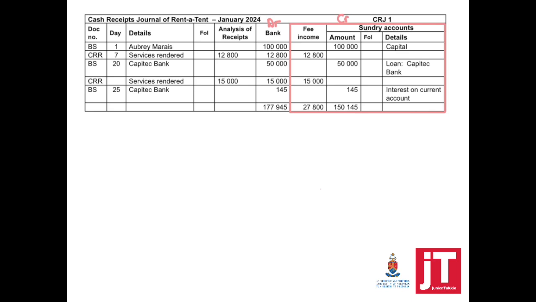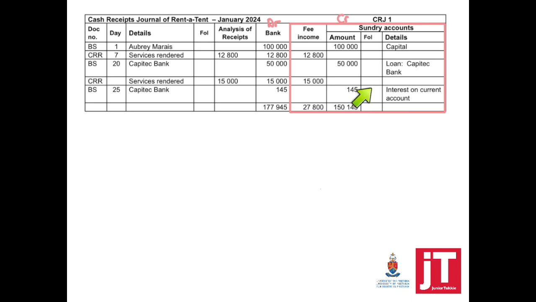But now you have to be very careful. When we're posting money columns, it will always be on the last day of the month. You cannot use 25th of January. That's not the last day of the month. January ends on the 31st.